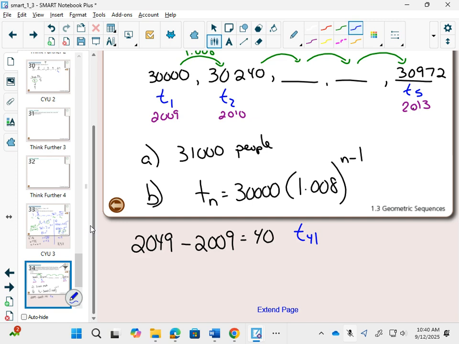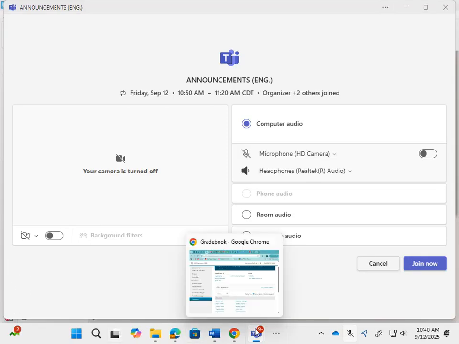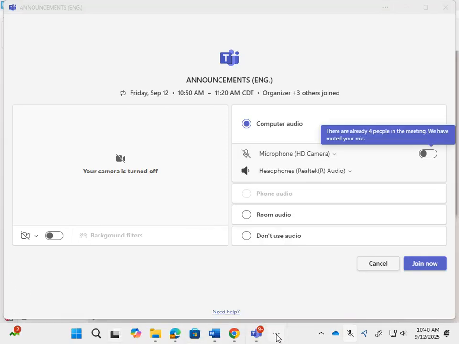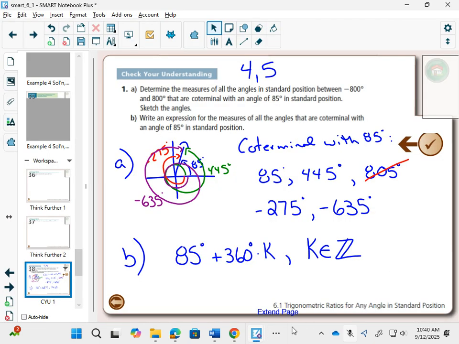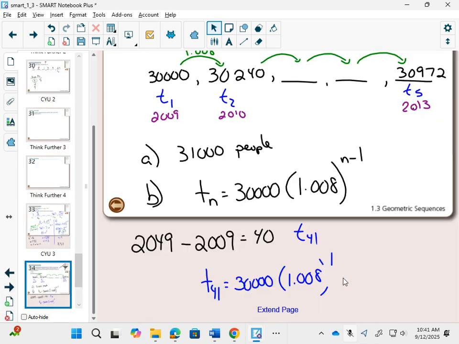So when I go to my formula, I want to find term 41. Term 1 is 30,000, times 1.008 to the 41 minus 1.